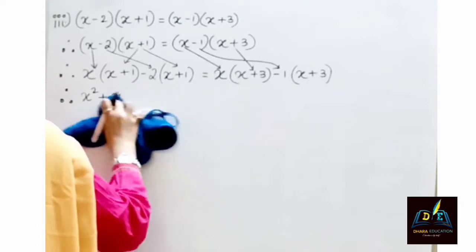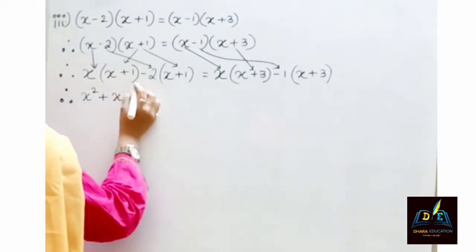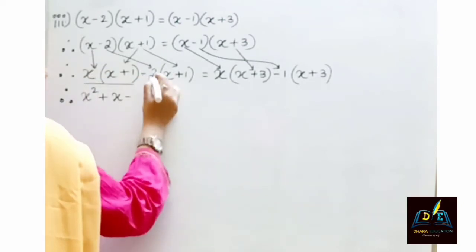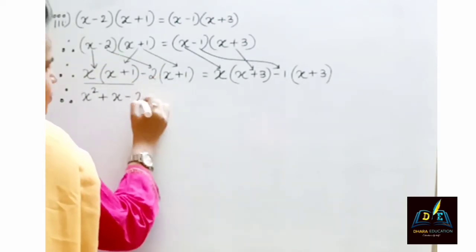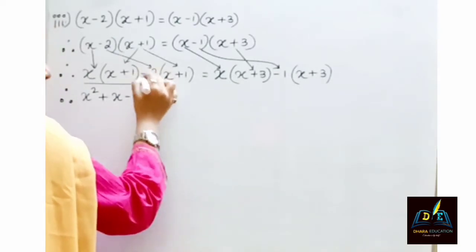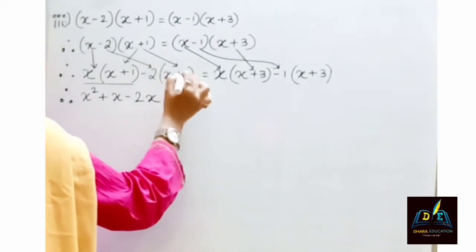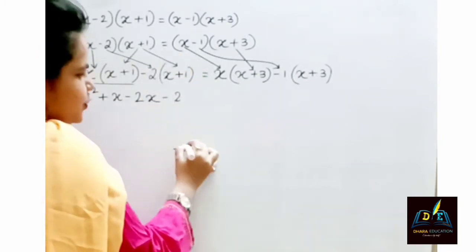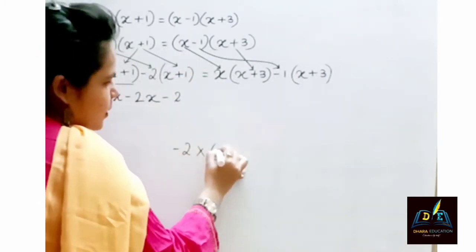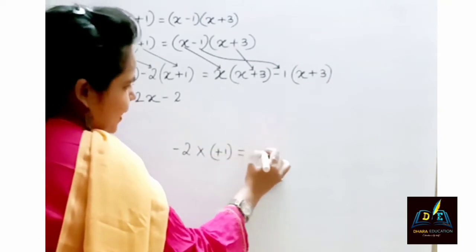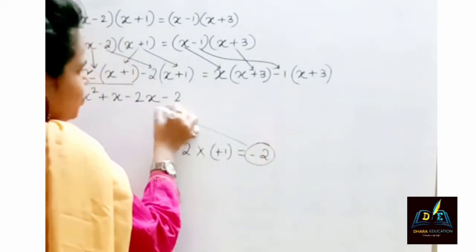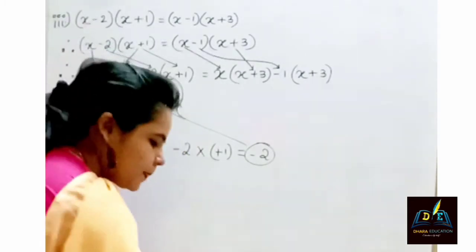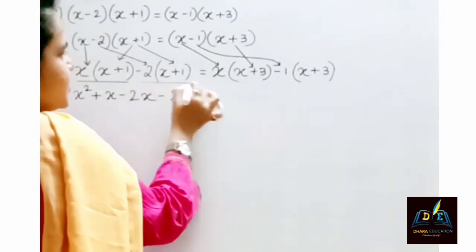Minus 2 multiplied by x gives you minus 2x, minus 2 multiplied by plus 1 gives you minus 2 again. I just repeat, minus 2 multiplied by plus 1 gives you minus 2, so we have taken minus 2 as it is. Now we have done this also.